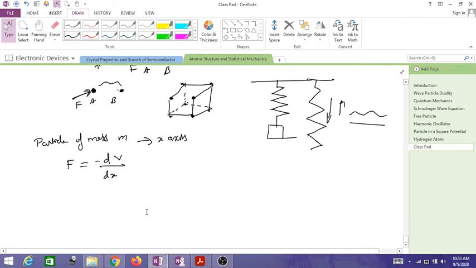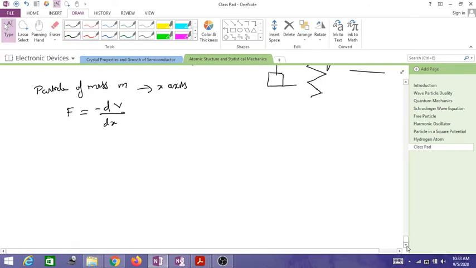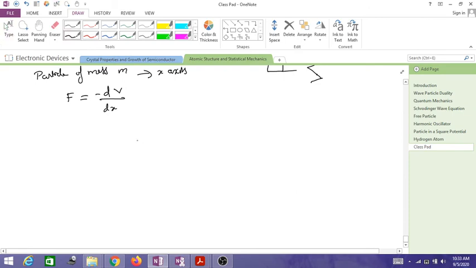So that force, we define that F is equal to minus dV by dx, because it is moved in the x direction with a potential energy V. So this can be represented as minus gamma p x.